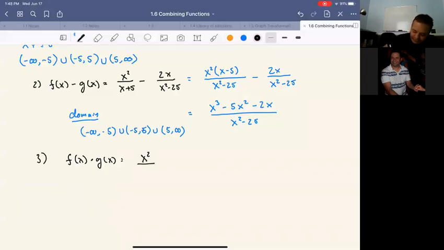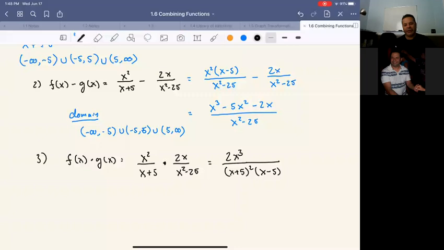X squared over x plus 5 times 2x over x squared minus 25. And that's just going to be 2x cubed over, I'm going to write this as x plus 5 squared times x minus 5. That's because, as we know, x squared minus 25 is x plus 5 times x minus 5.